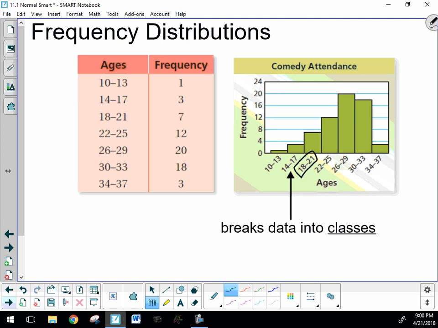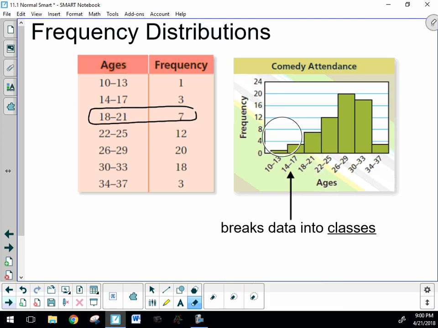So this whole bar right here represents all of the people who were between ages 18 and 21, and if I had to estimate, I'd say that there were 7 people in that age group. Oh yeah, and sorry, we have a table over here that shows that. So a frequency distribution is a lot like a dot plot, except with classes.